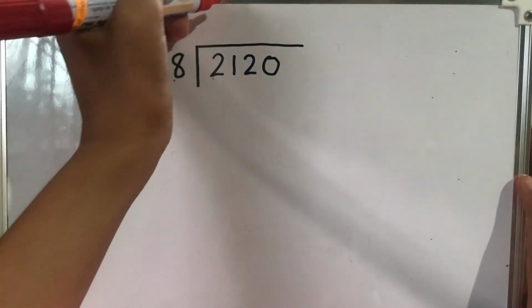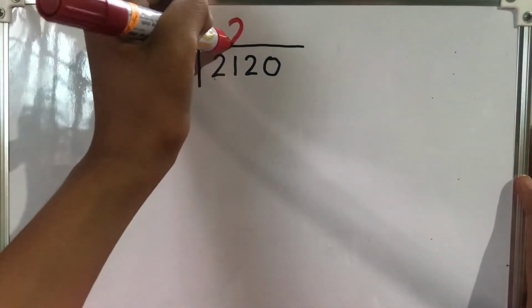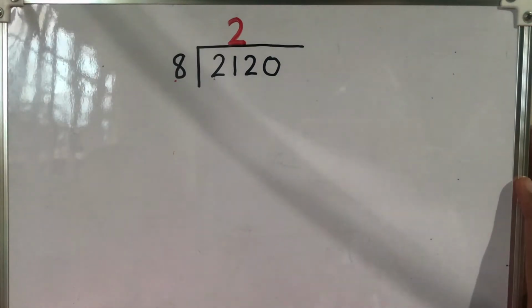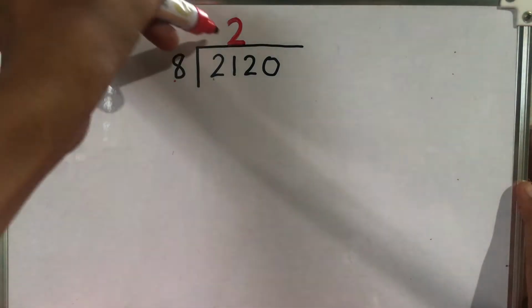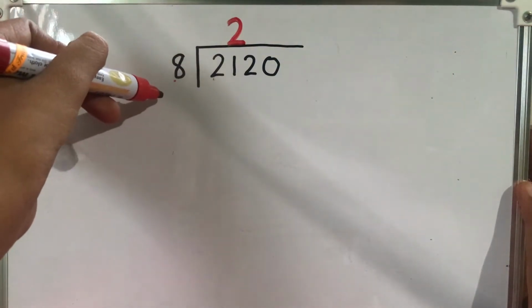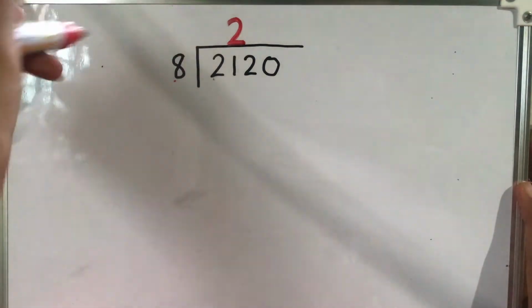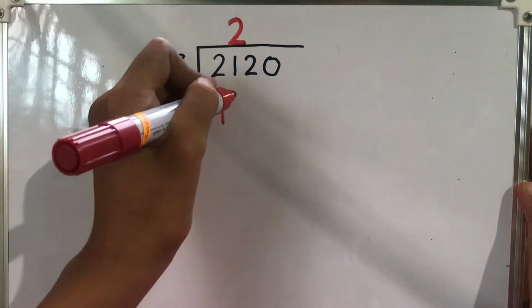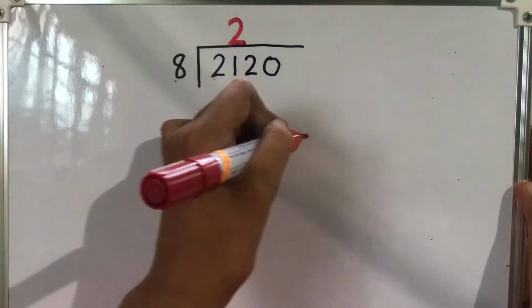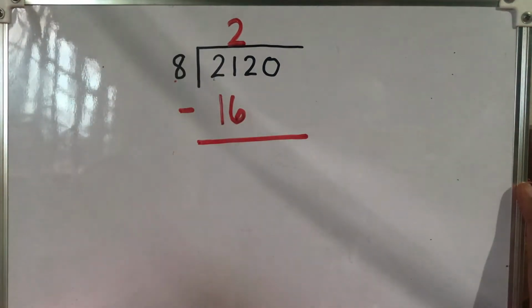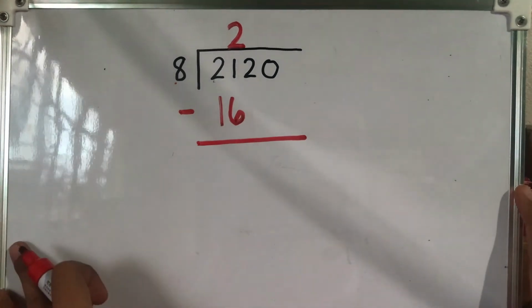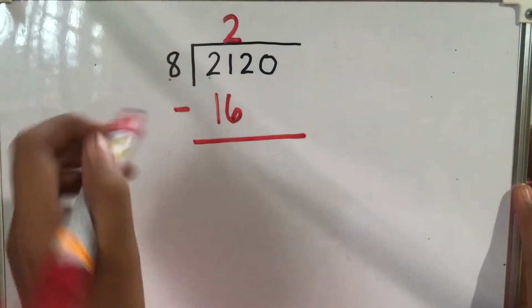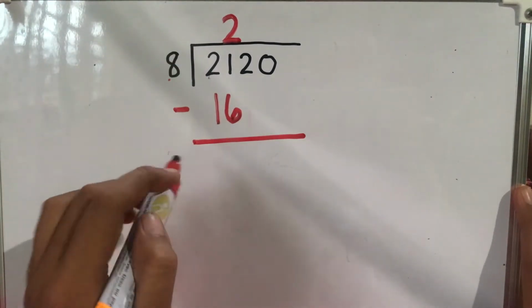So again, the answer is 2. We will put 2 on top of 1. And then multiply the quotient by the divisor. So 2 times 8 equals 16. We'll write 16. And then we will subtract. So 21 minus 16 is 5.